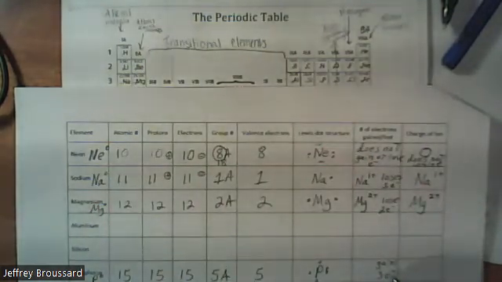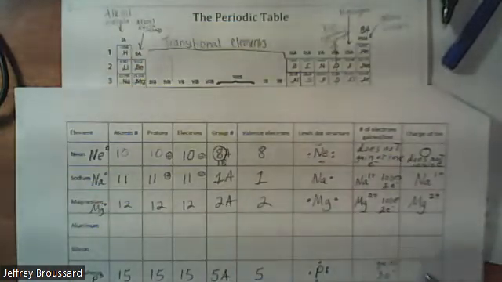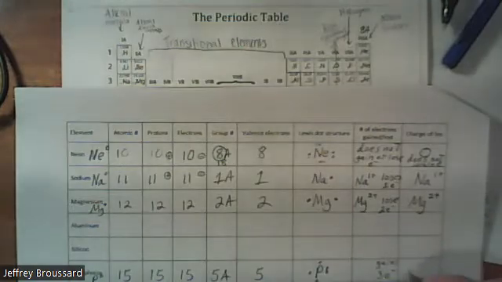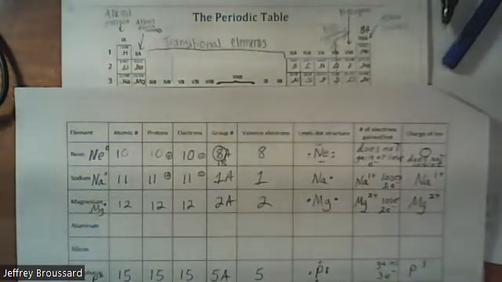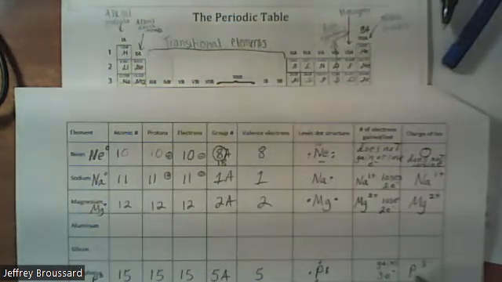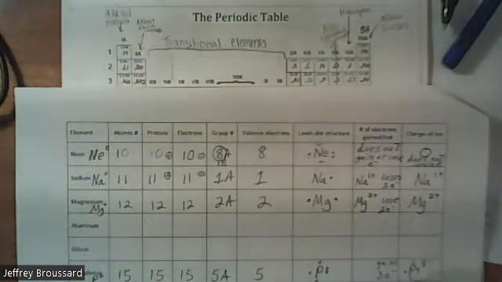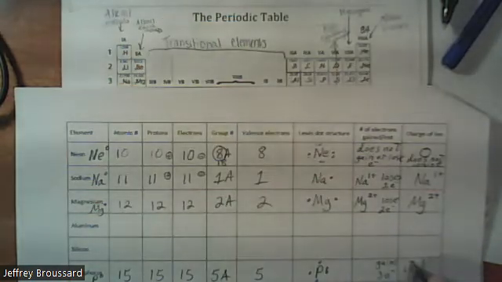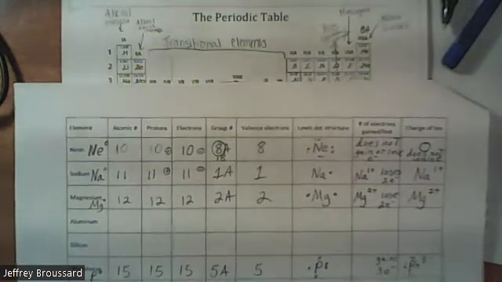That would be a good exercise to do. Maybe we'll do that soon. All right, so our charge on the ion is going to be P 3 negative. By gaining those 3, it's going to get 1, 2, 3, 4, 5, 6, 7, 8 dots around it. Okay, that's enough intro for that page.